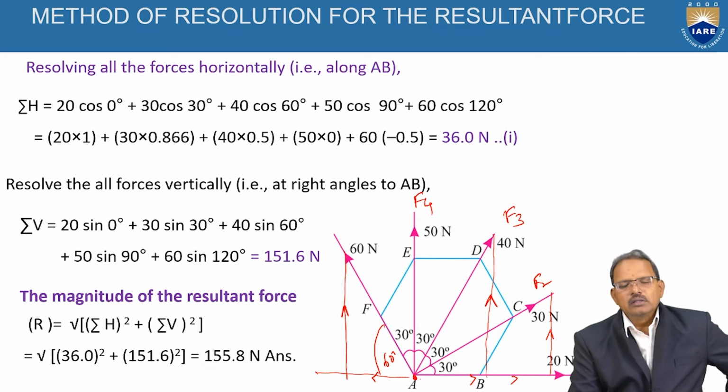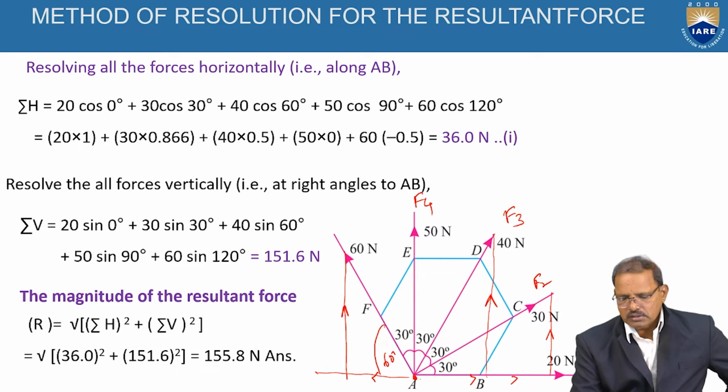Now, the horizontal component of the resultant of these 5 forces is obtained by taking the algebraic sum of the horizontal components of all the forces acting along the x direction.